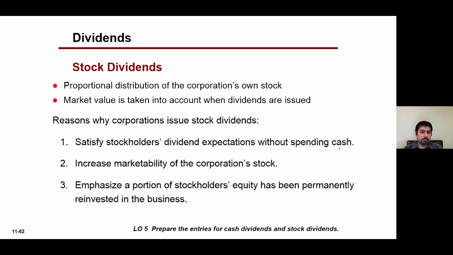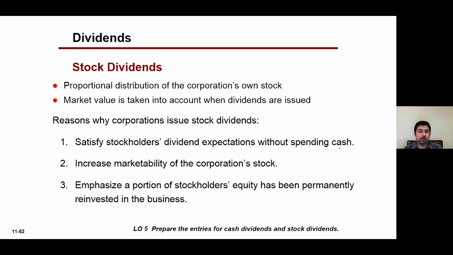So here, when the stock dividend is issued, the board and the company will take into consideration the market value of the dividends. They need to know basically what the value of those stocks are, and there are several reasons why companies would declare and distribute stock dividends.